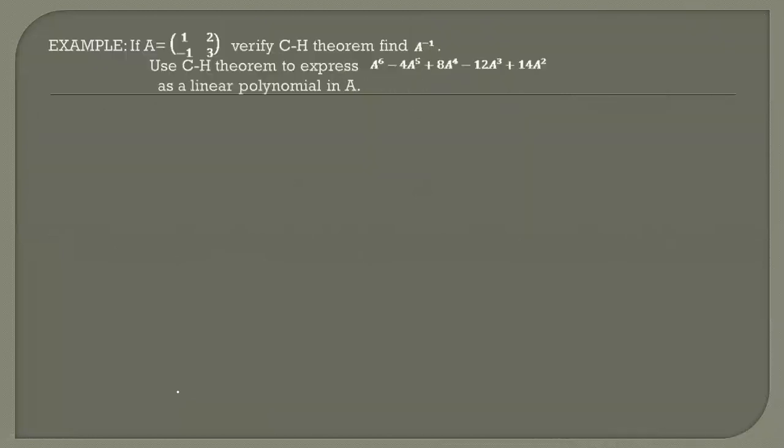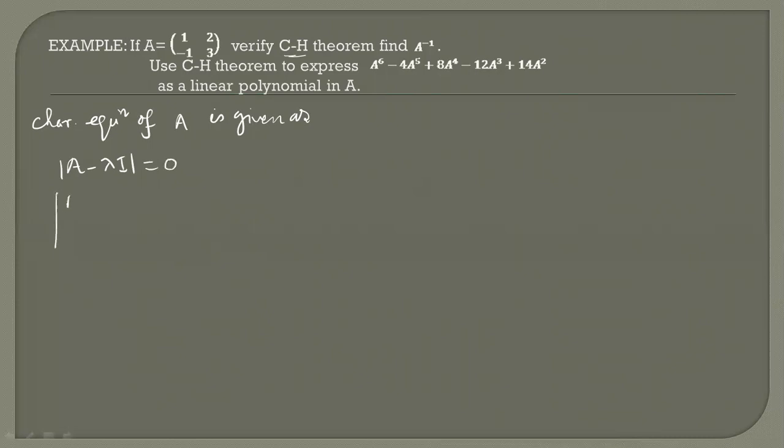Now we have one example. If matrix A is given as follows, verify Cayley-Hamilton theorem, find A inverse using Cayley-Hamilton theorem and express it as a linear polynomial of A. So how will we verify Cayley-Hamilton theorem? For the verification, firstly we need the characteristic equation of matrix A. The characteristic equation of A is given as determinant of A minus lambda I equal to 0.